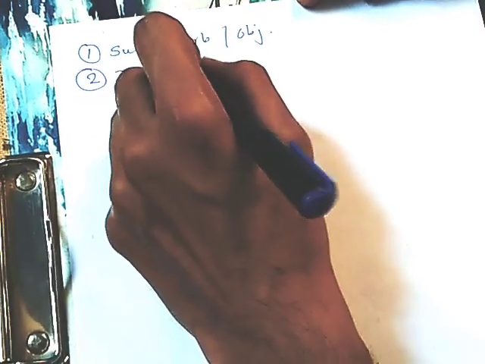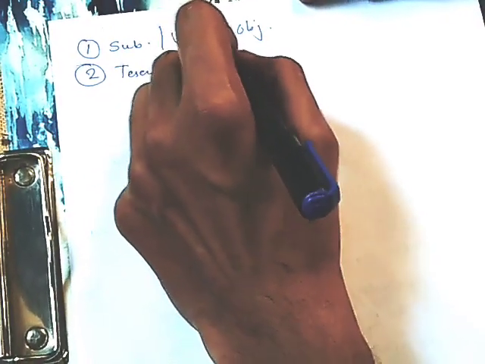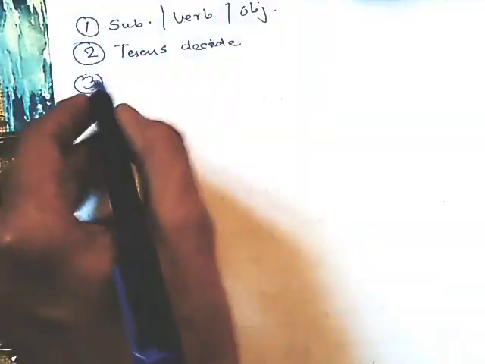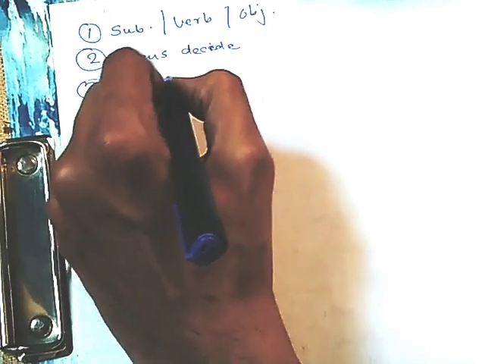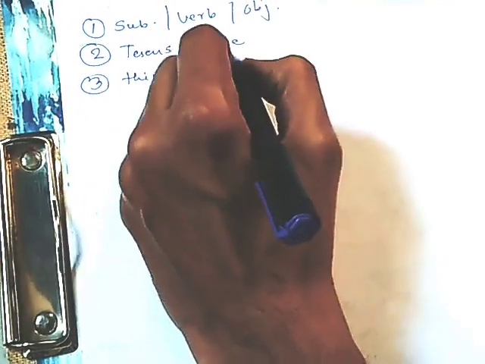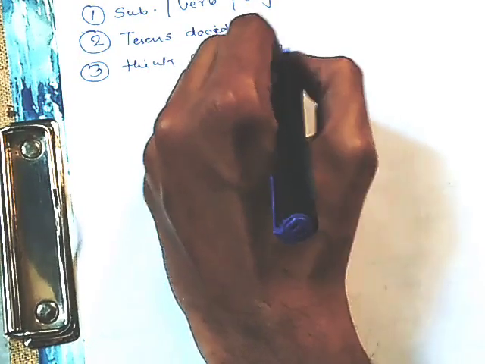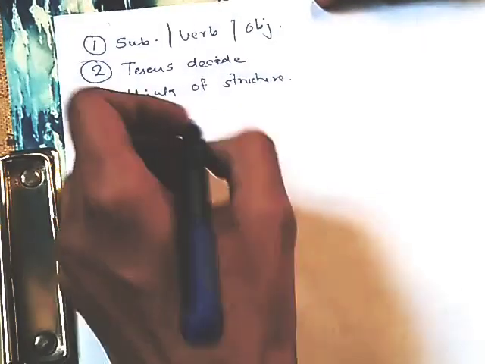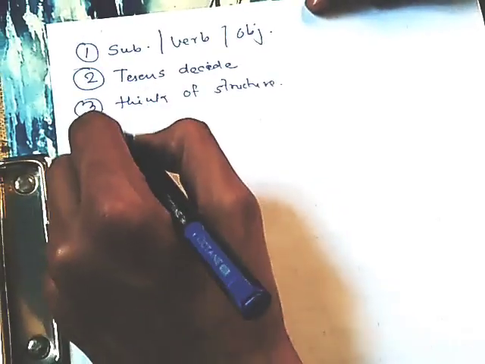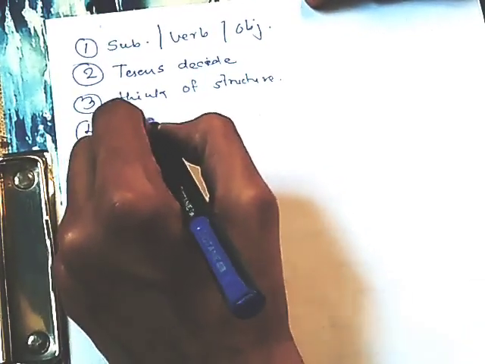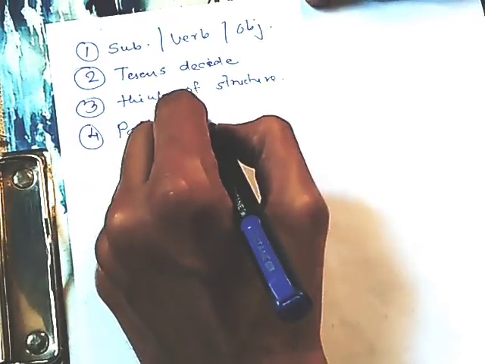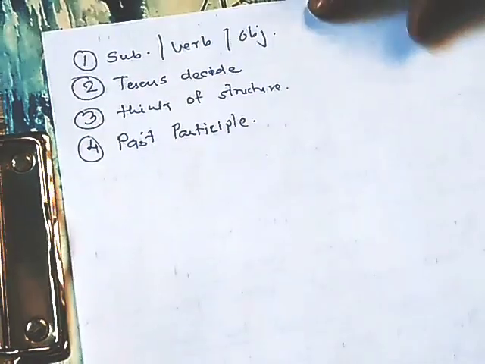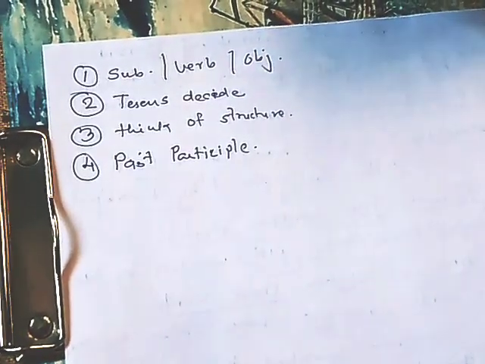Third, after this, think of the structure of the passive voice, and finally you will get the answer. And the main thing, always write the past participle form of the verb. That is the main thing. So this is how you can solve active voice and passive voice.